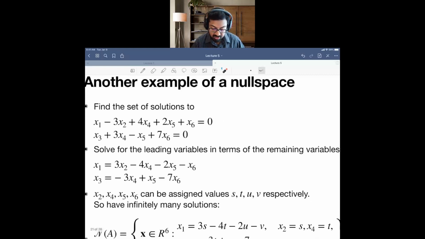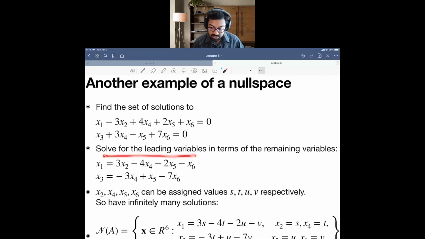So the way you solve this is solve for the leading variables in terms of the remaining variables. So I've essentially rearranged this. x1 equals 3x2 minus 4x4 minus 2x5. So everything, all of this, is going to the right hand side here. And similarly for x3, right? So x3 is rearranged. These are my leading variables, and all of these are my remaining variables.